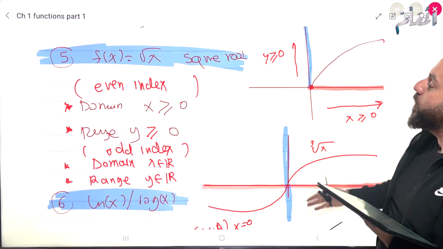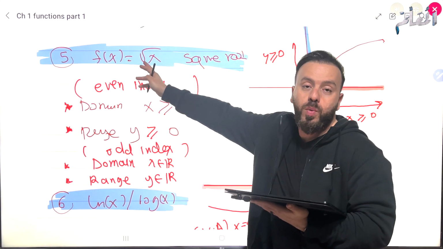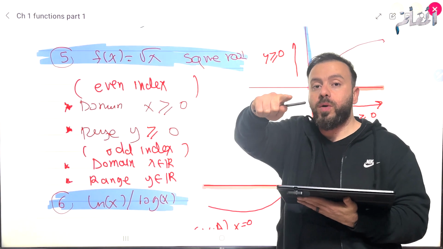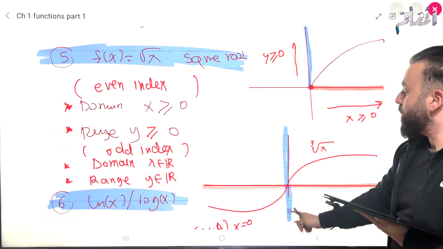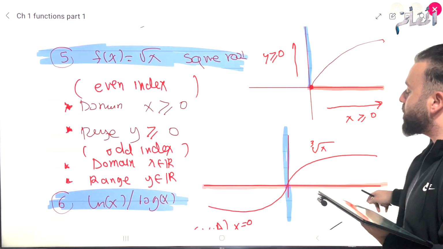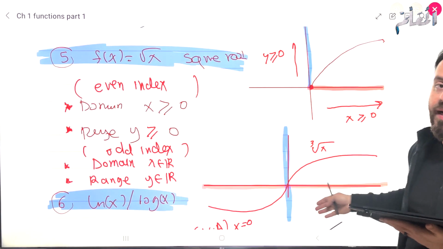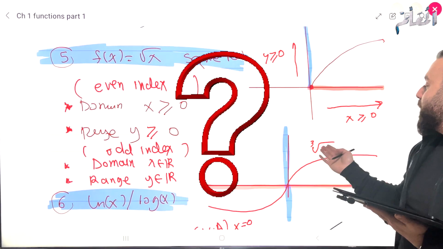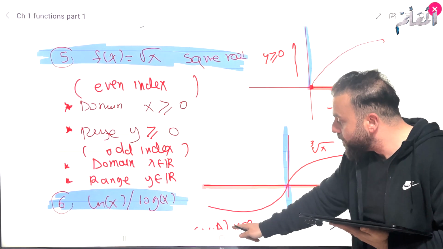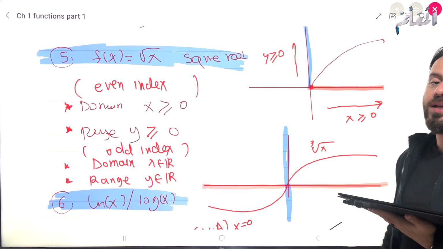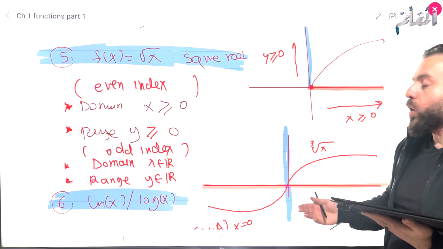This is the shape of the graph of the square root of x. But also, let's try with the cube root. Here, as you can see, the domain x belongs to all real numbers. Why? Because the odd index can accept negative numbers. So I can plug inside x any number that I want, no problem.